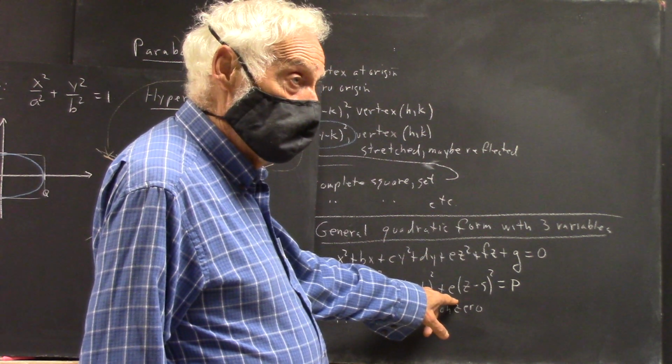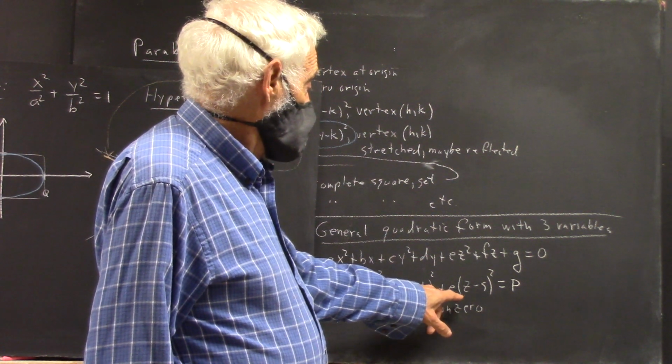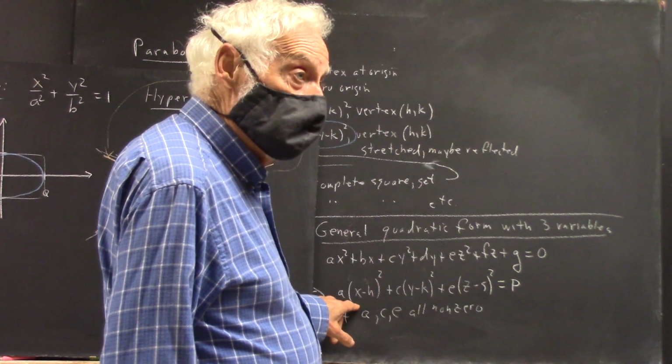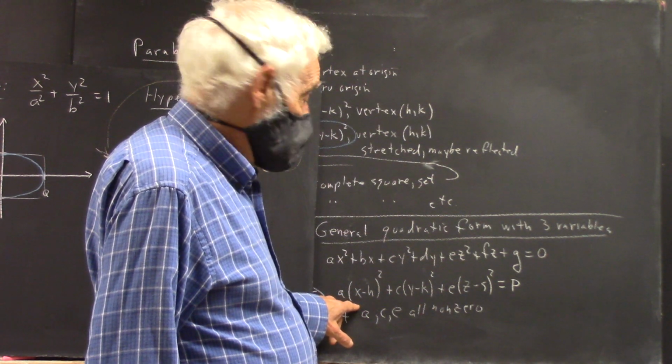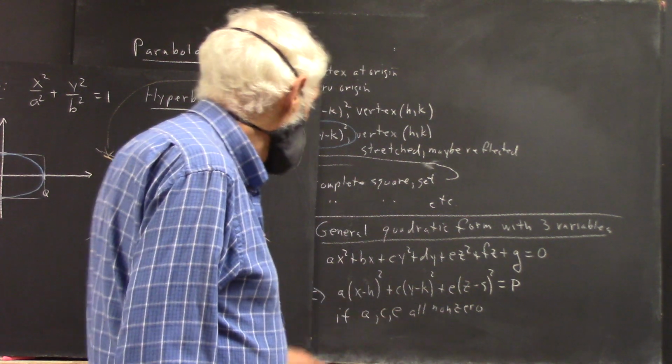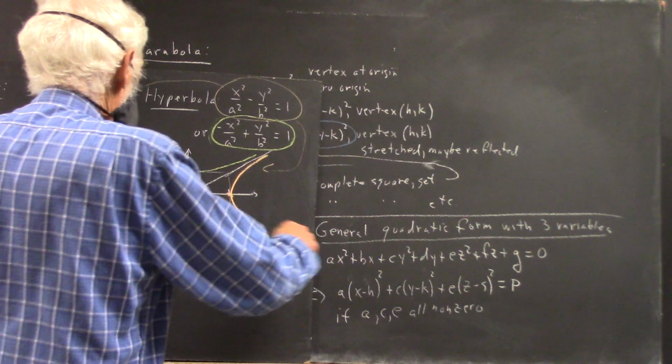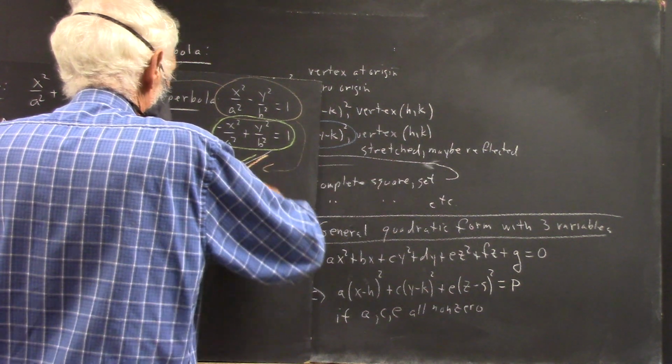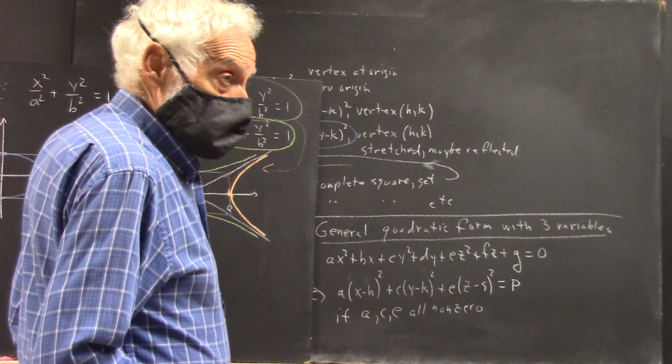Okay? So it's possible for the x and the y to give you a hyperbola, but then if you've got a non-zero E, then the sign of E is going to match one of these. So let's say A is positive and C is negative. Then your hyperbola in the xy plane would be like this.